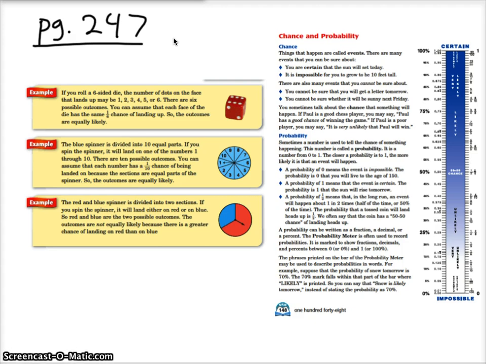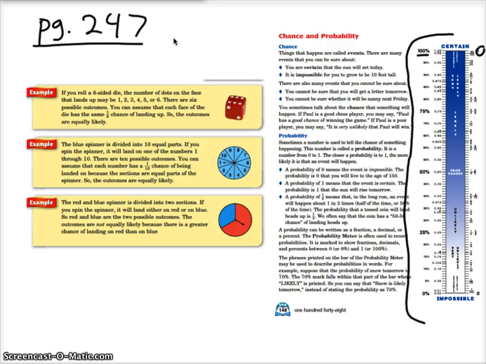Probability, we have our chart right over here. So this is kind of our chart of possibility. We have something that could be 100% certain, so we could use 100%, or we could use 100 over 100, or we could use just the number 1. So we can write it as a percent, we can write it as a fraction, or we can write it as a whole number.